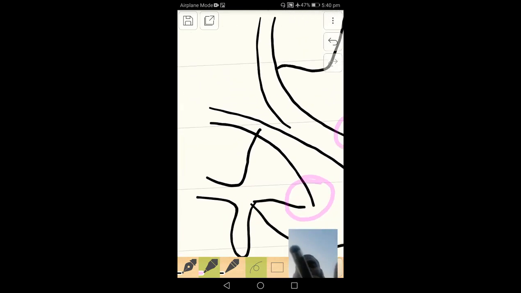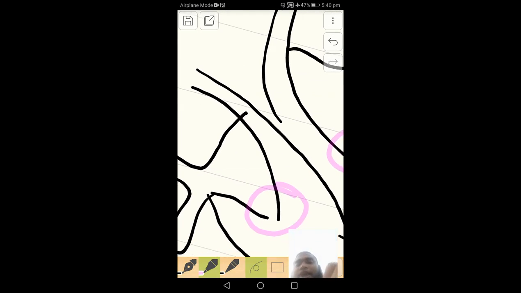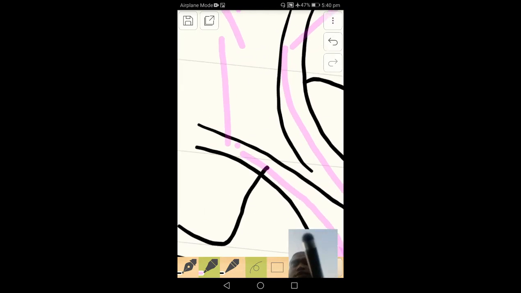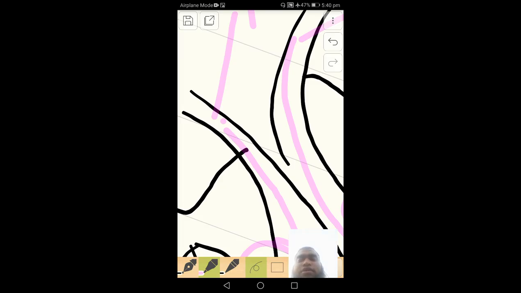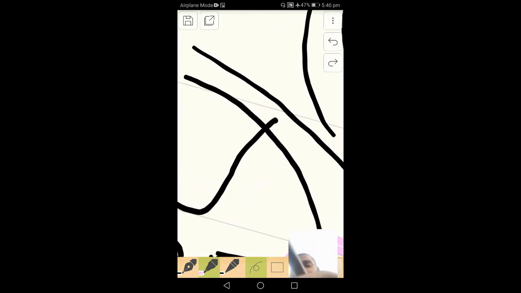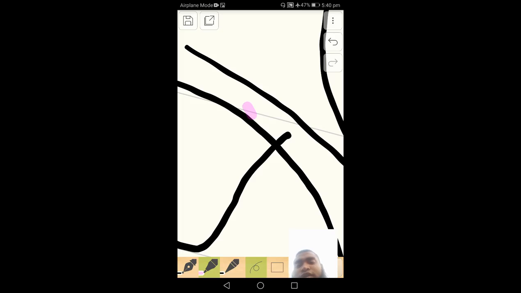But you must also keep in mind that this is the ventricle, and this is the artery. Inside the arteries of the heart, there are also valves present.